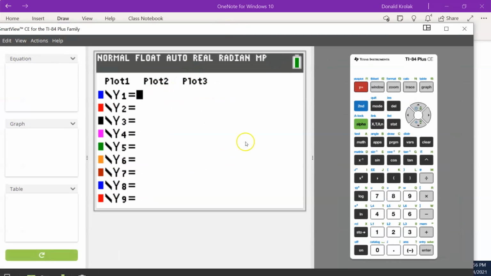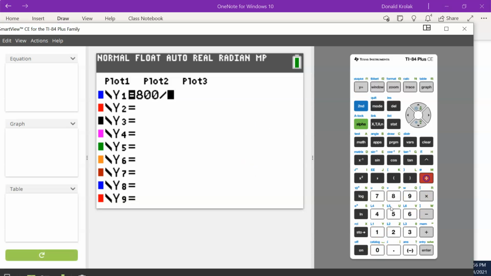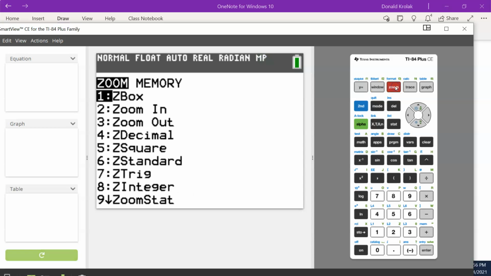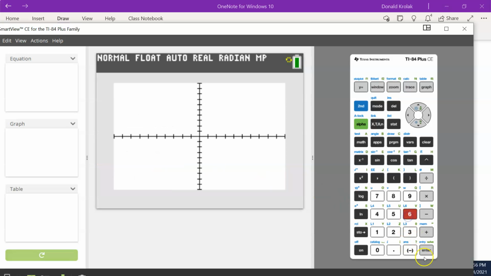So we're going to go y equals 800 divided by x. And when you graph it, if you hit zoom and say zoom 6, that puts it on a regular 10 by 10 graph. And you notice you don't see anything. So what we have to do is change the window.